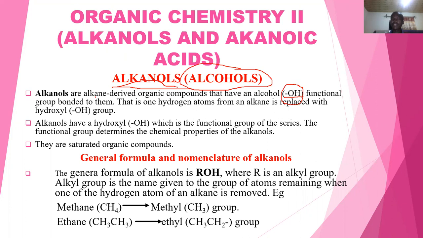The first member of alkane is methane, and from it we derive the first member of alkanol or alcohol, which is methanol. The second member of the alkanes is ethane. So from the alkanes we get the alkanols: methane, methanol, ethane, ethanol, and you will learn as we proceed.